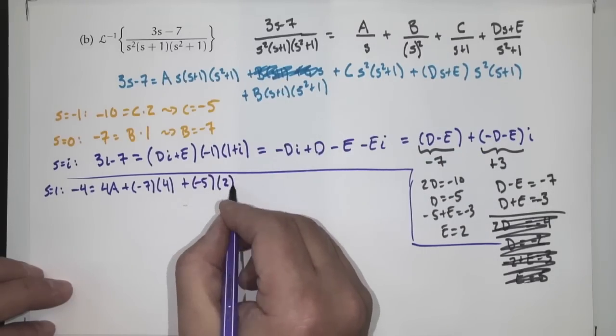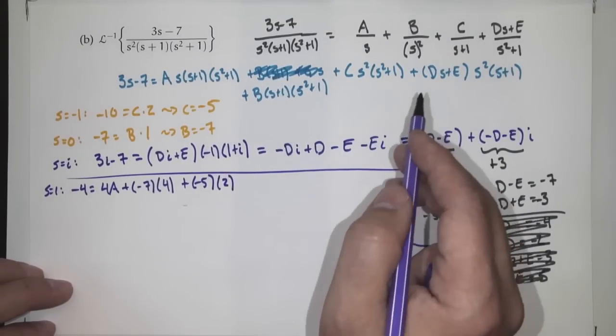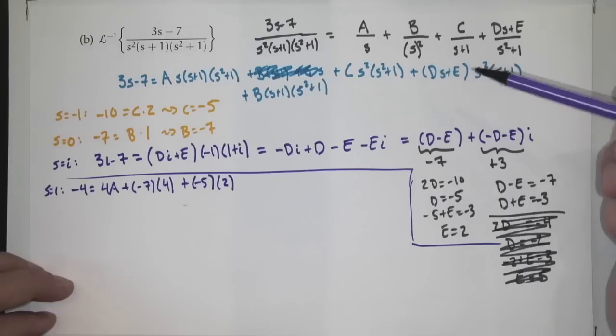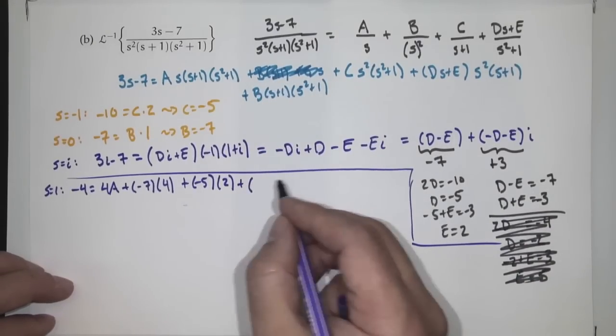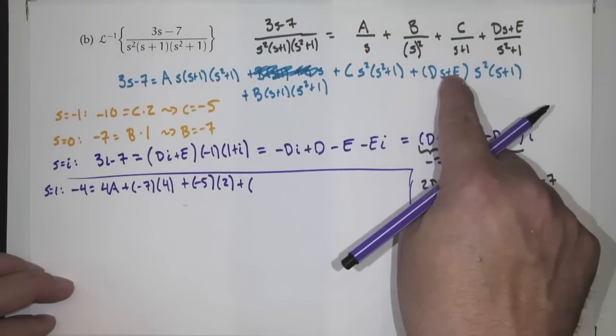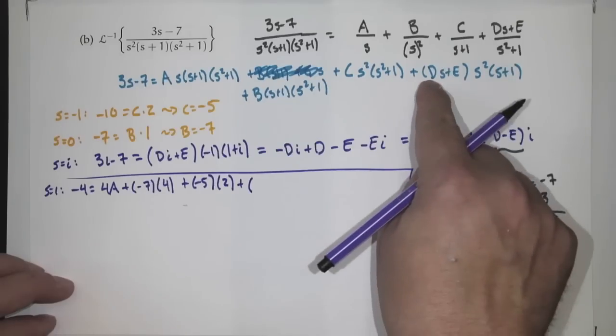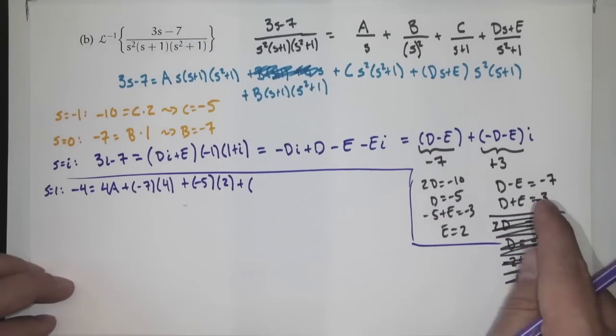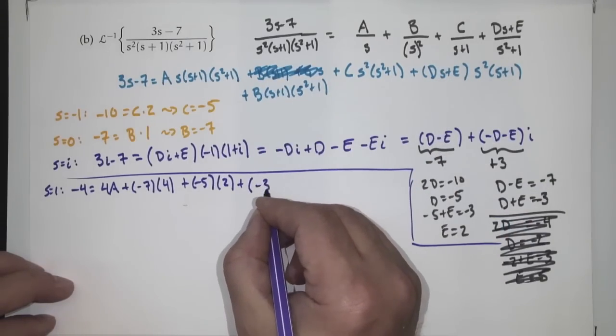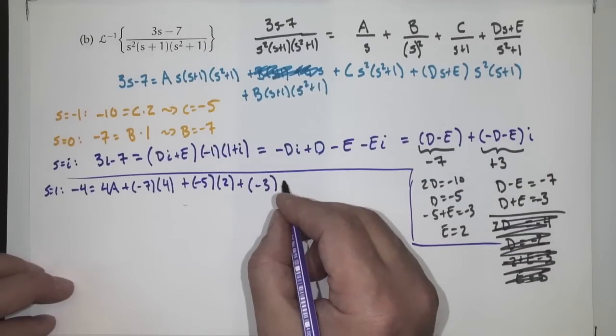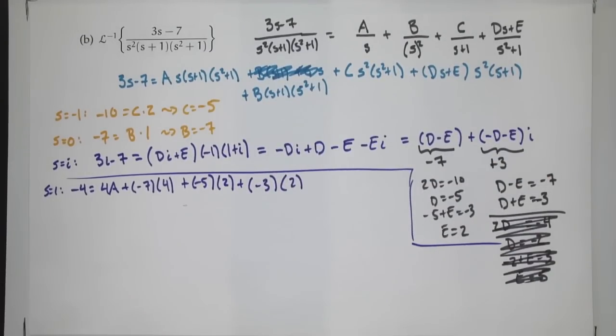So that's times 2. Then we have d times 1 plus e, so that's d plus e. We actually know what d plus e is. It's negative 3. And then times 1 times 2, which is times 2 again.